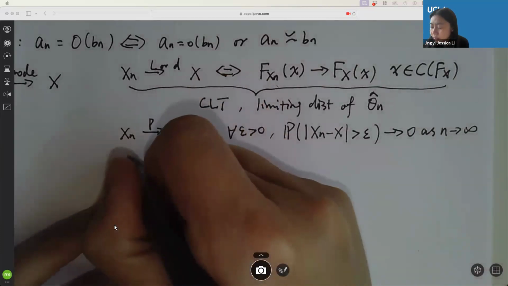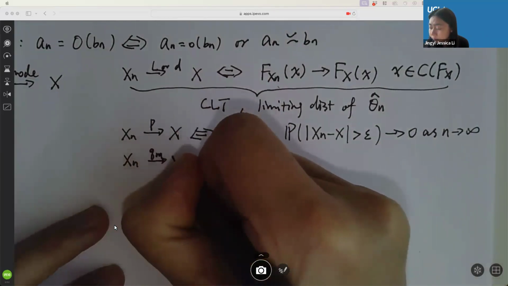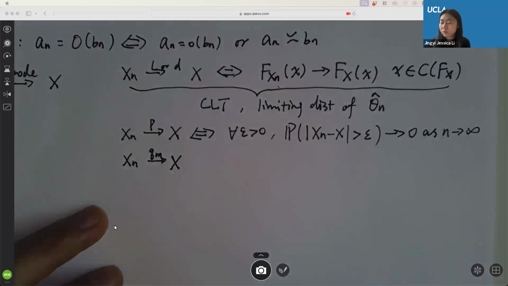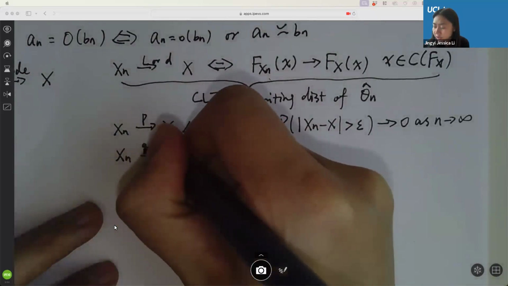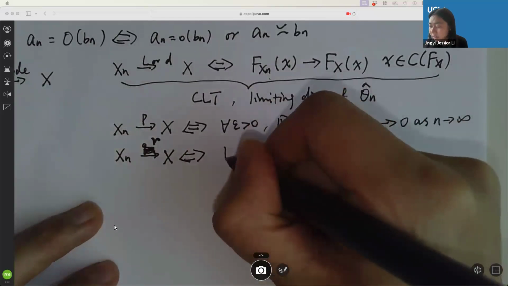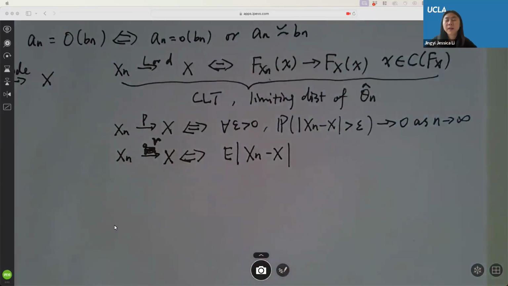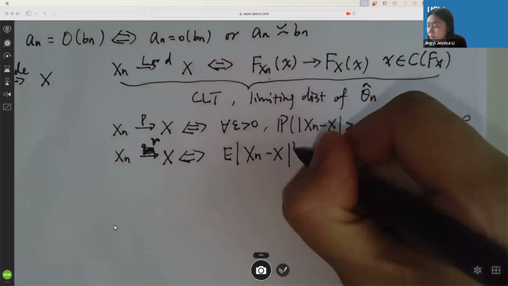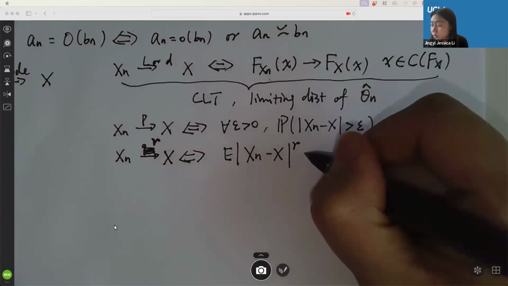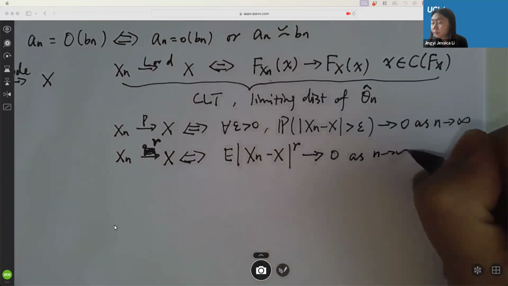Okay, and the next one is called convergence in quadratic mean. Or the more general form is, let me say, convergence in the Rth mean. So what this means is that if we take the expectation of the norm of Xn minus X, if both Xn and X are vectors, raised to the power r, this will converge to 0 as n goes to infinity.